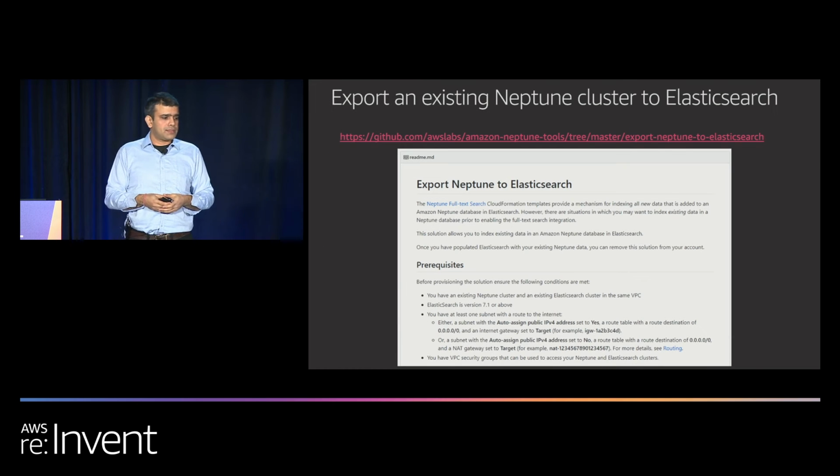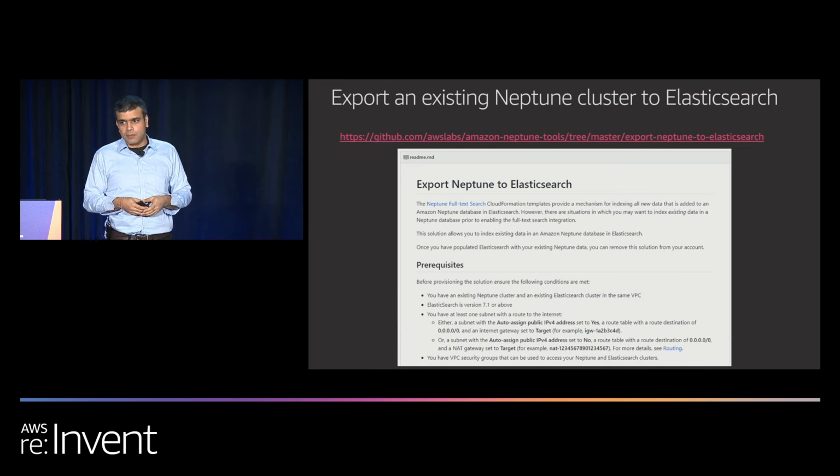Here's another good resource. These are samples that are available in GitHub. They let you set up a flow where you have data coming in from Neptune Streams, flowing into Elasticsearch, and you can run queries in Neptune that actually access Elasticsearch.